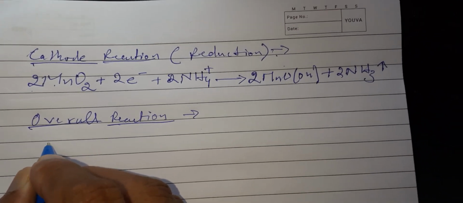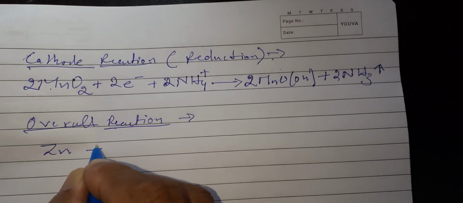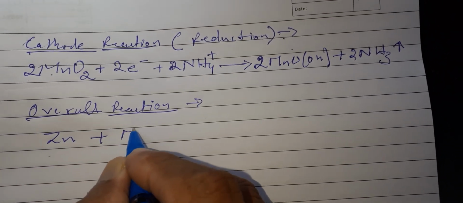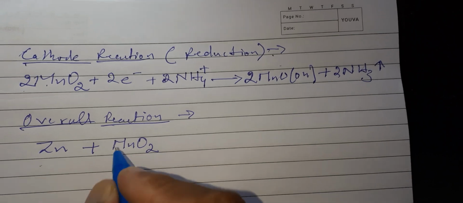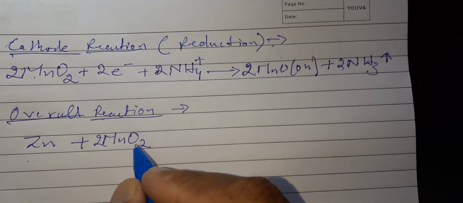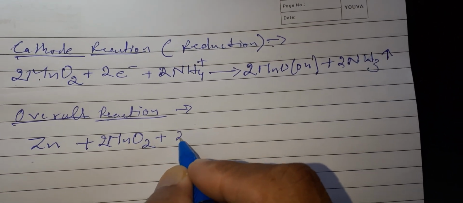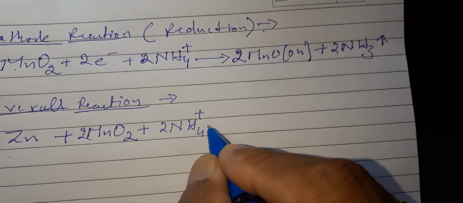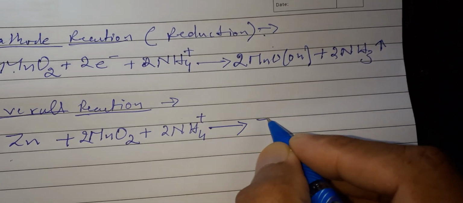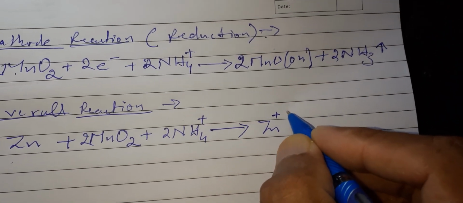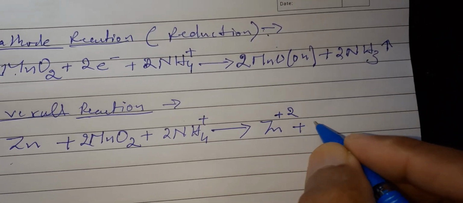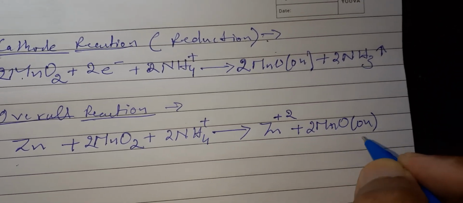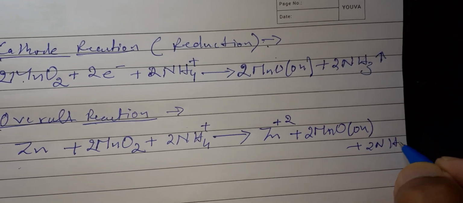The overall reaction is zinc, which is acting as the anode, plus manganese dioxide, which is acting as the cathode, plus ammonium ion from the electrolyte. They react to form zinc ions plus this compound of manganese plus 2 molecules of ammonia.